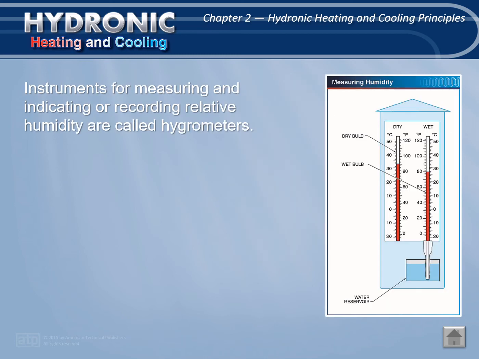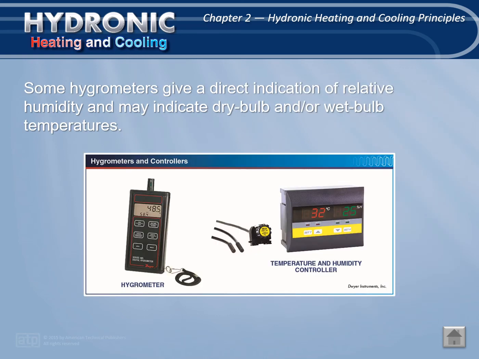Instruments for measuring and indicating or recording relative humidity are called hygrometers. Some hygrometers give a direct indication of relative humidity and may indicate dry bulb and/or wet bulb temperatures.